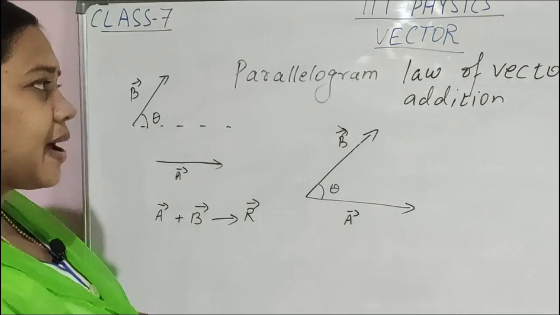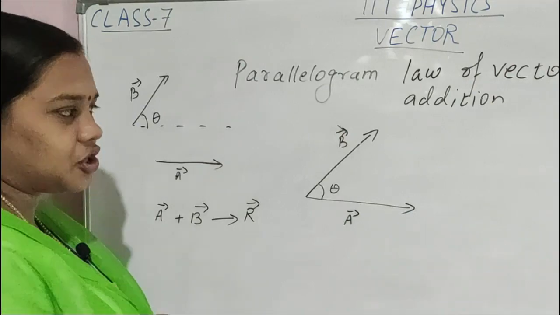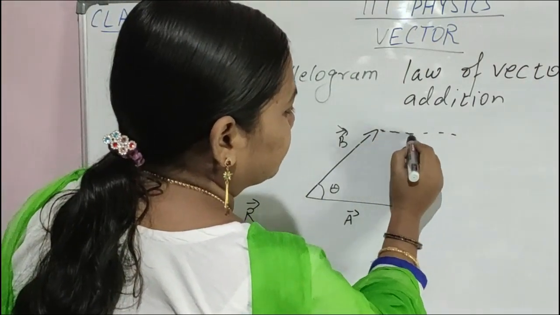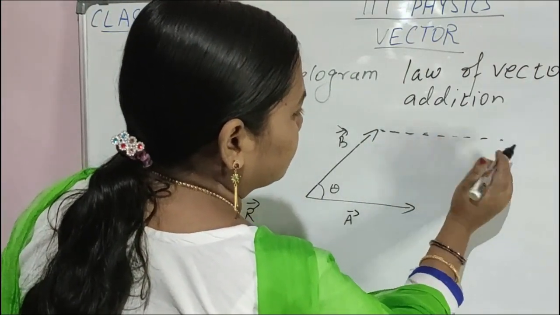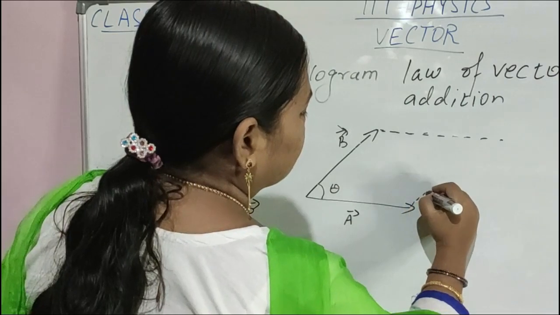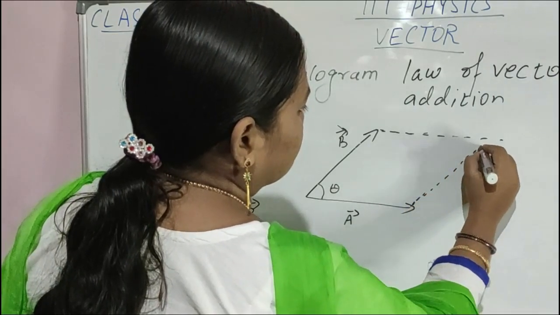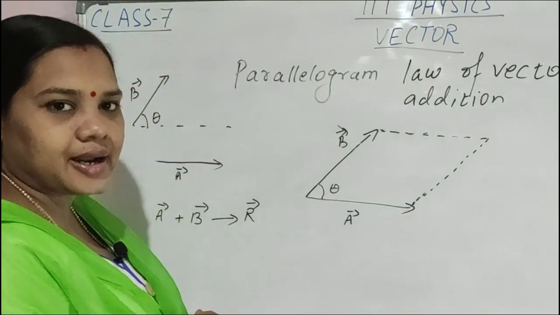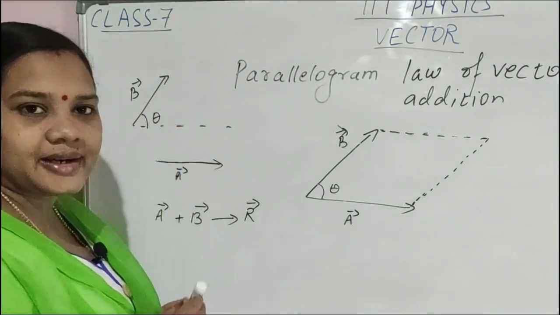Now we have to draw the parallelogram. Now where is the resultant vector?